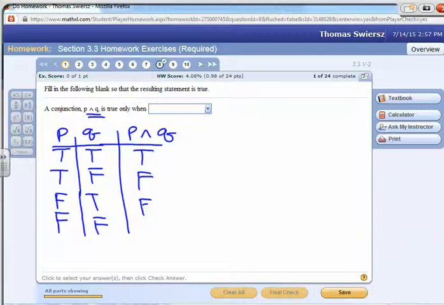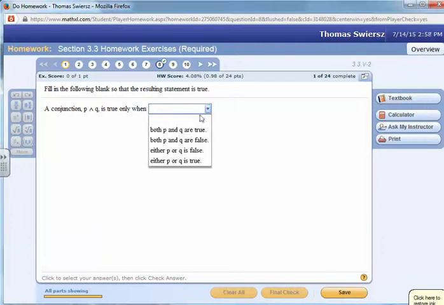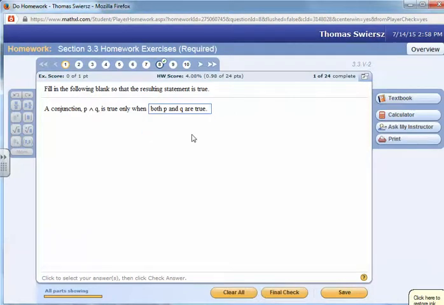So in this case, the second row is false because Q is false. In the third row, it's false because P is false. And in the fourth row, they're both false, so it's definitely going to be false. So the conjunction P and Q is true only when P is true and Q is true. Only when both P and Q are true.